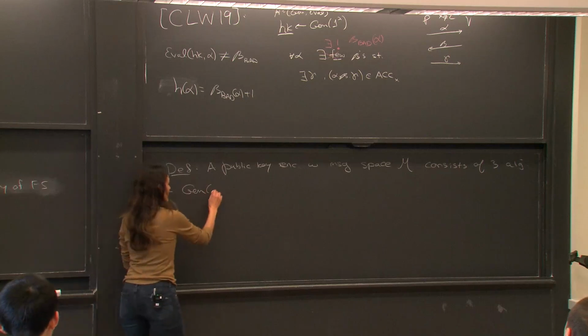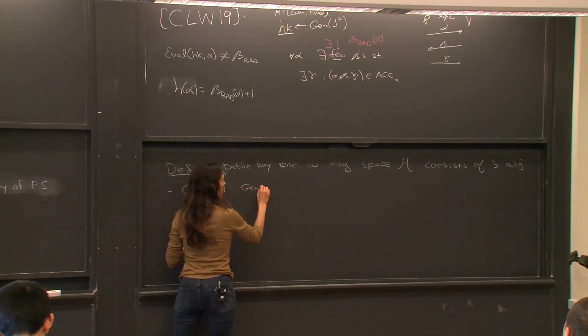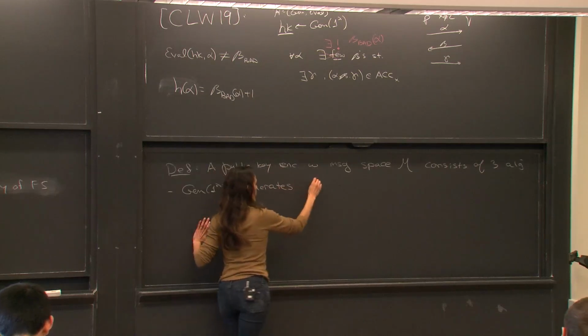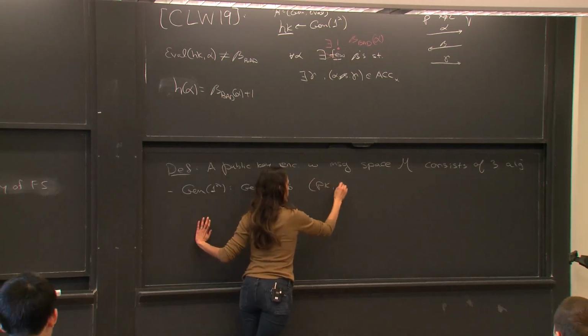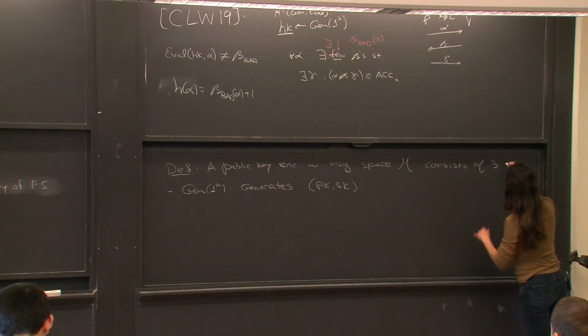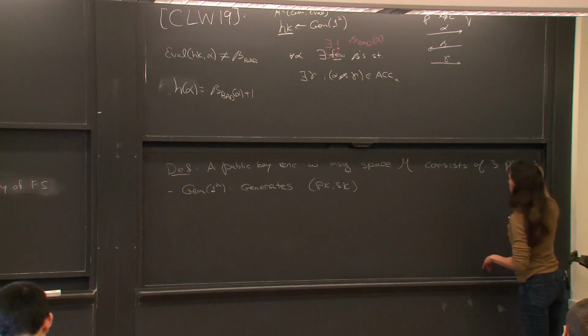This generates a pair of a public key and a secret key. Let me just mention three PPT algorithms, probabilistic polynomial time algorithms.